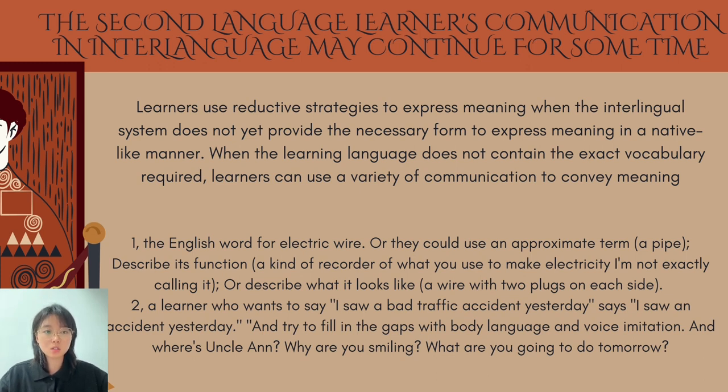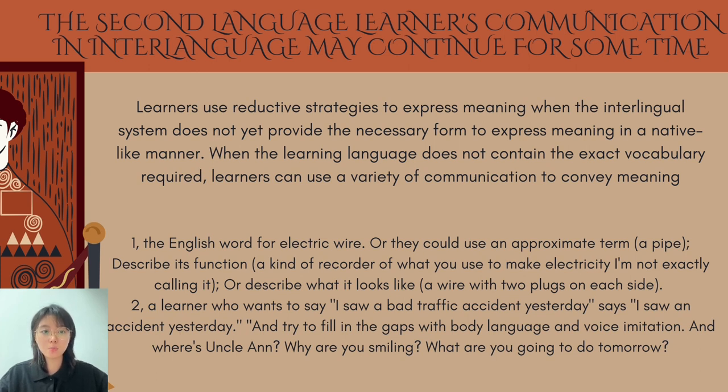Another reason is given according to Richards. Similar ellipsis is observed in the interlanguage of second or foreign language learners with different native languages. Many simplified interlanguages are found to be similar despite the dissimilarity between learners' unrelated native languages.